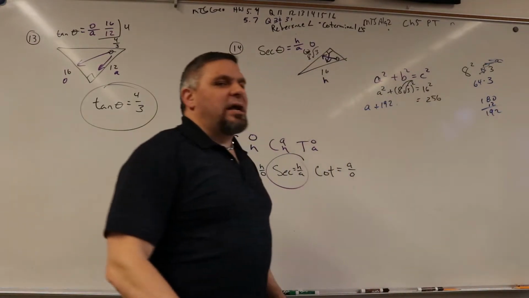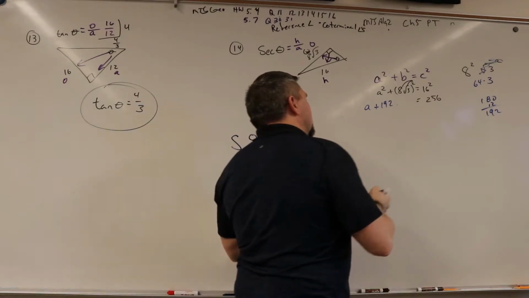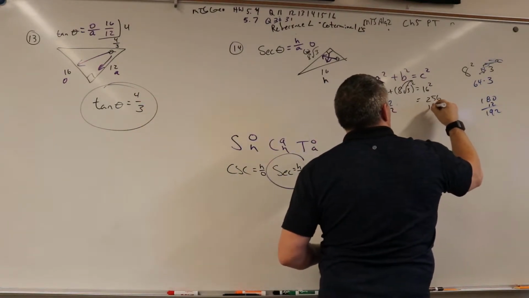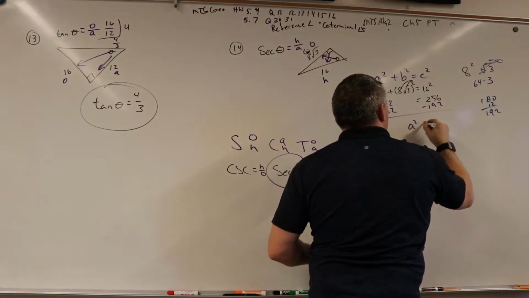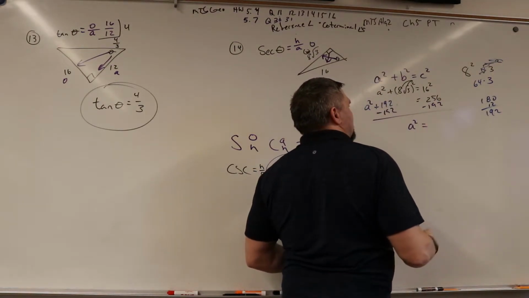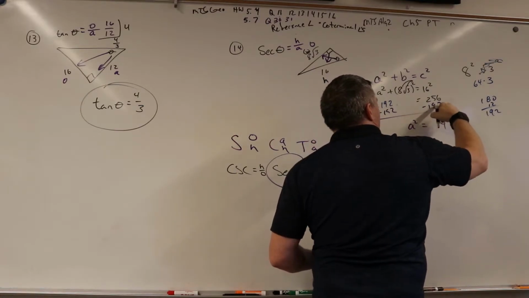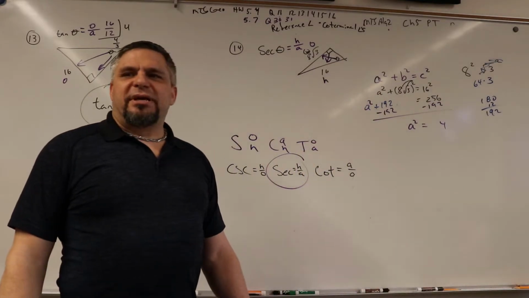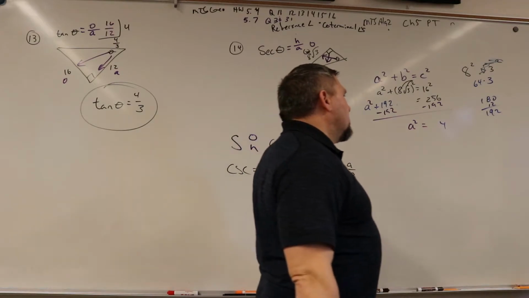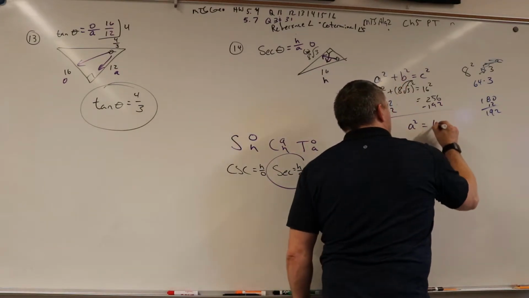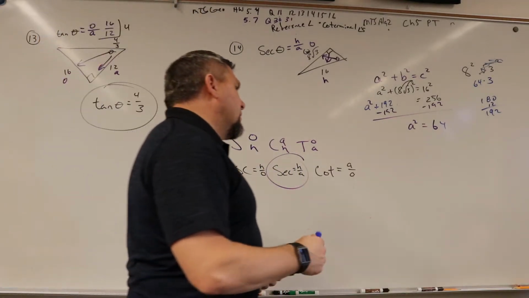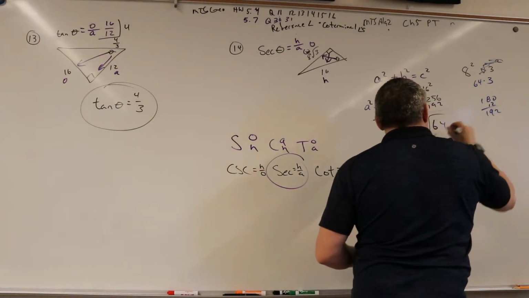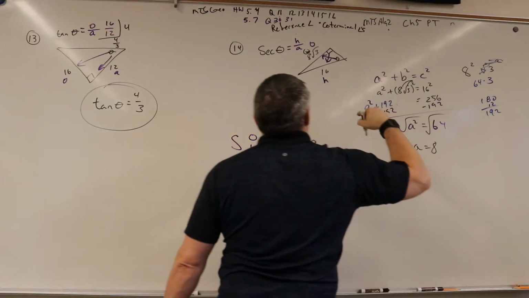All right, so then we have to subtract 192 from 256. So A squared is equal to 64. What's the square root of 64? 8. So A is 8.